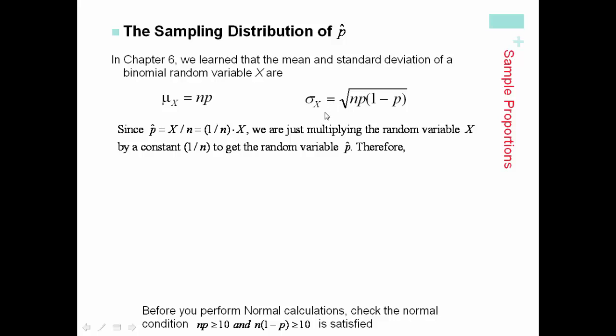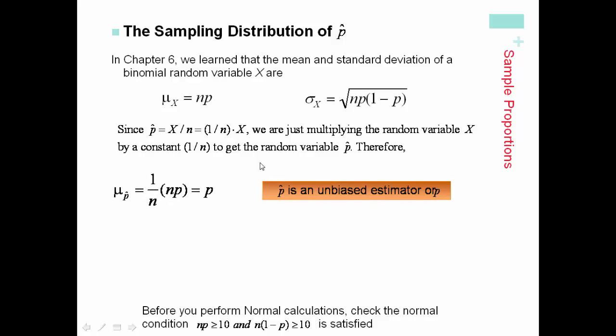Standard deviation, or sigma of x, equals the square root of np times 1 minus p. Since we are multiplying the random variable by a constant to get the new random variable, we get mu of p hat equals 1 over n times np, which simplifies to simply p. P hat is an unbiased estimator of p.